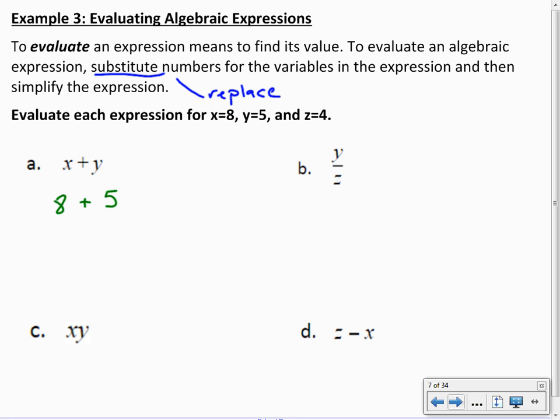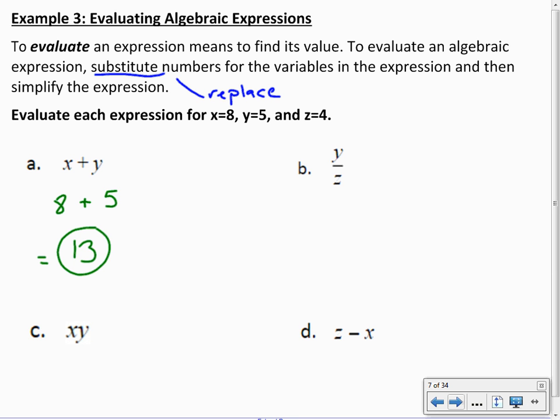So using our order of operations, we can find that x plus y is equal to 13. Now this only works if they tell you what x, y, and z are equal to. If we just had x plus y but we didn't know what x and y were, we wouldn't be able to evaluate the expression.